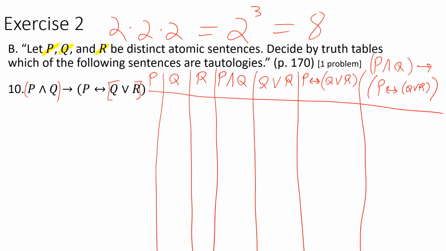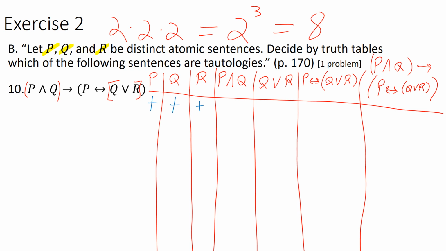Okay, so there are 8 possibilities, so let's keep that in mind. Start with true, true, true. And what I normally do, I try to rotate between things, keeping certain things fixed. So I'm going to keep P for the first 4 entries as true.